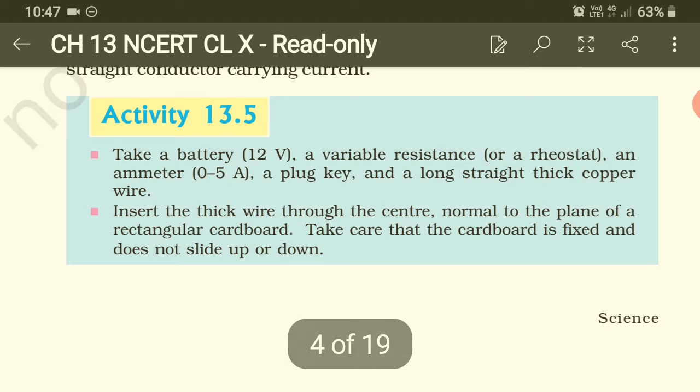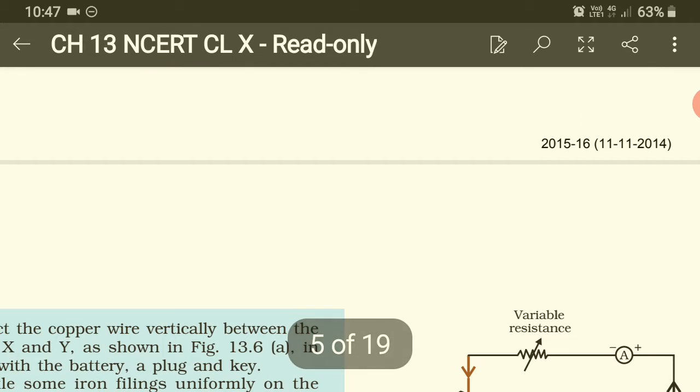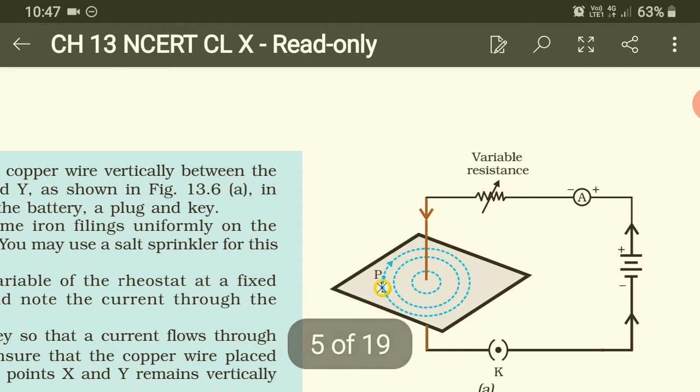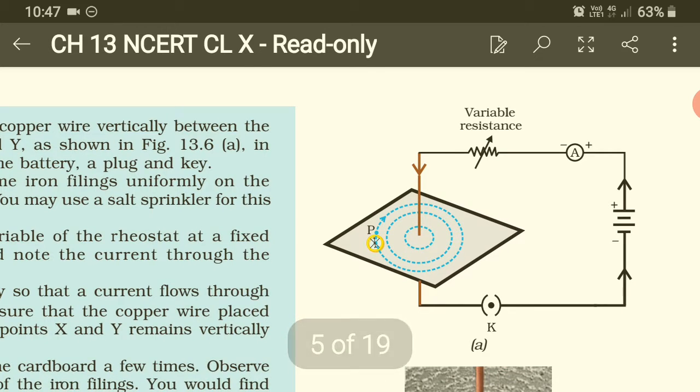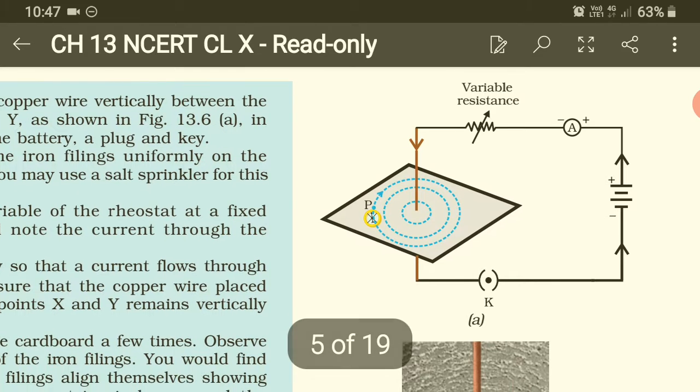We have arranged a setup in which we have connected a battery, an ammeter to measure the value of current, a variable resistor and a key, and a straight wire through which we have inserted a cardboard perpendicularly.